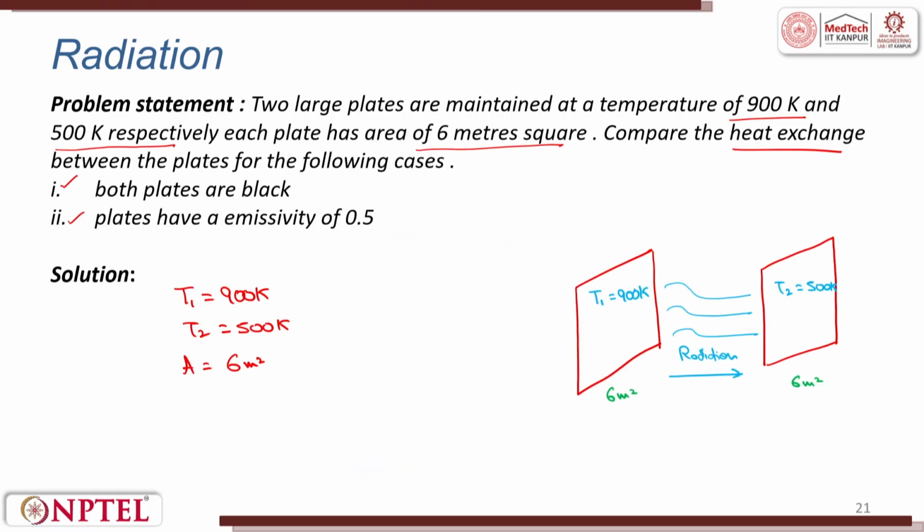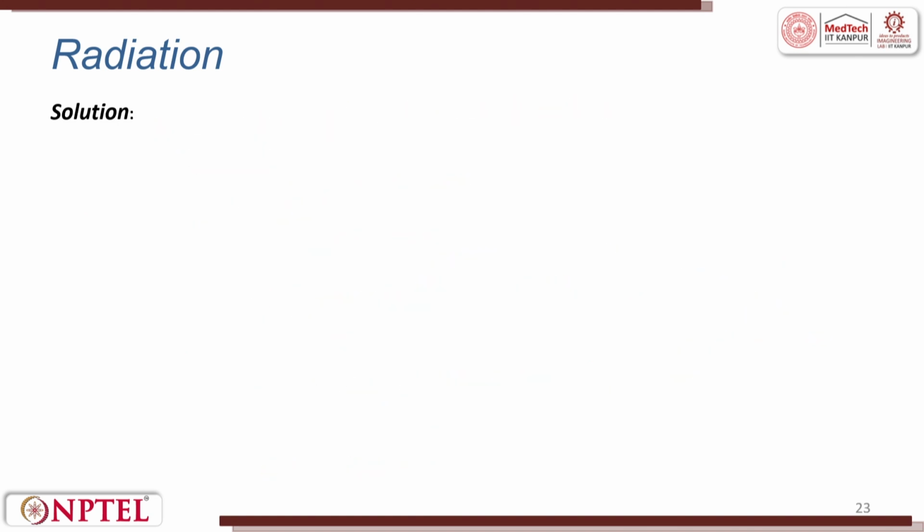Second part, they say the plates have an emissivity of 0.5. For an epsilon value equal to 0.5, we need to find the heat exchange, that is heat transfer, for the given emissivity value, where it says epsilon 1 is equal to epsilon 2 is equal to 0.5.